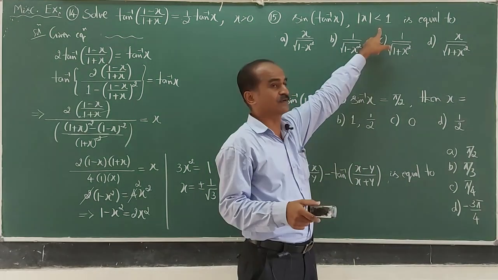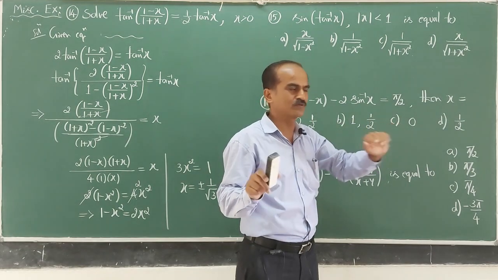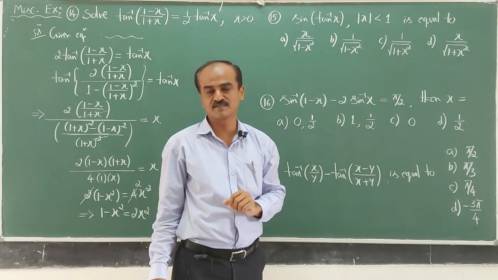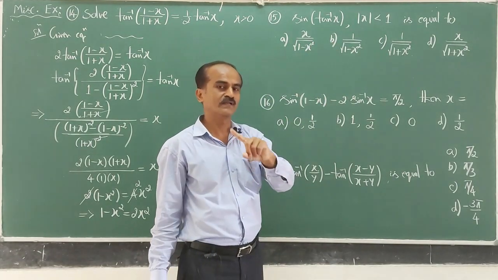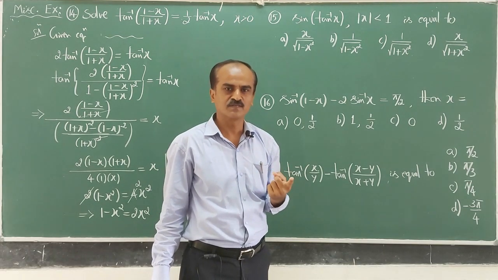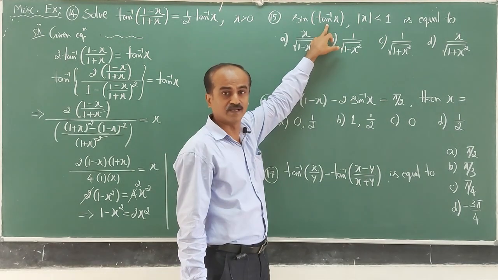This is a subset of that, the open interval minus 1 to 1. So I am allowed to apply that formula. Sine of sine inverse x, I might have written x, but here the problem is tan inverse is there. Now we will rewrite this tan inverse in terms of sine inverse. What is the procedure? Take this tan inverse x as theta.